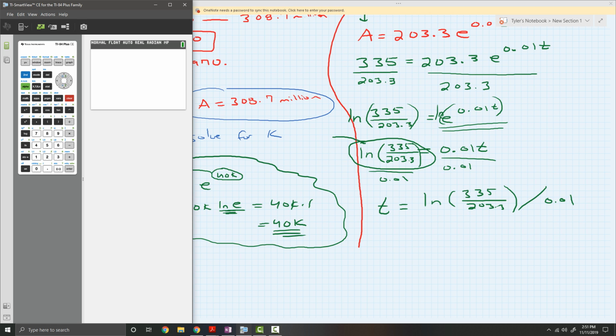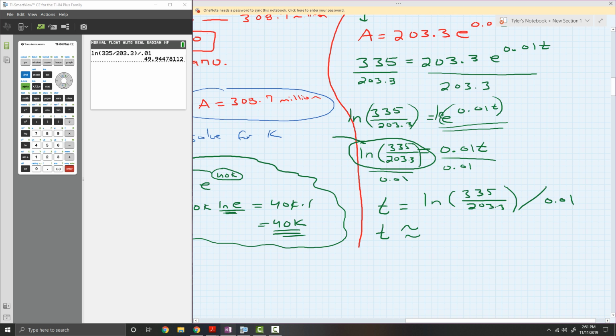We would take the natural log of 335 divided by 203.3, and then we divide that by 0.01. And we're getting 49.94, roughly. So t is approximately 50.